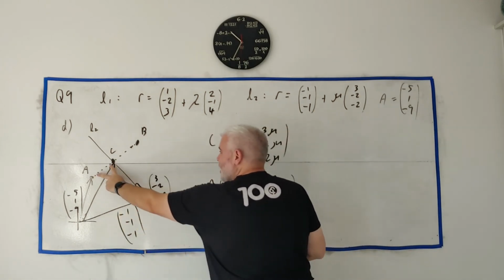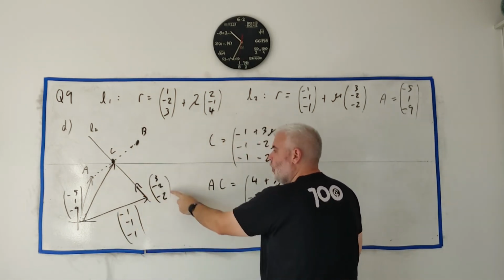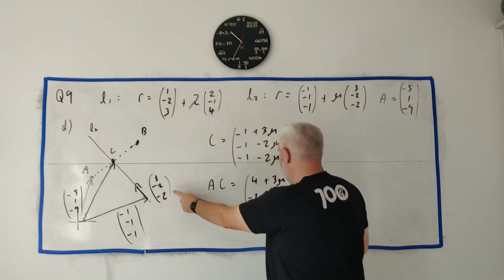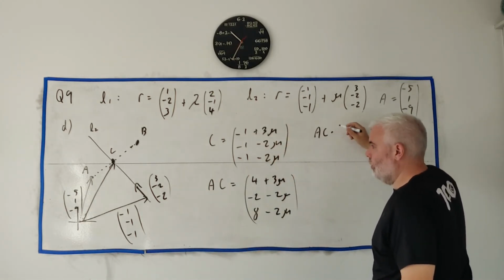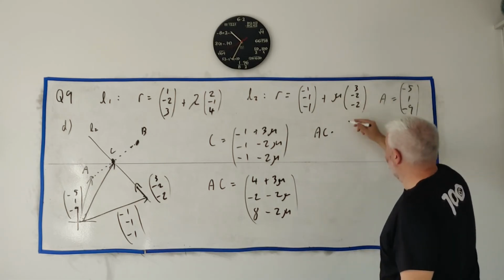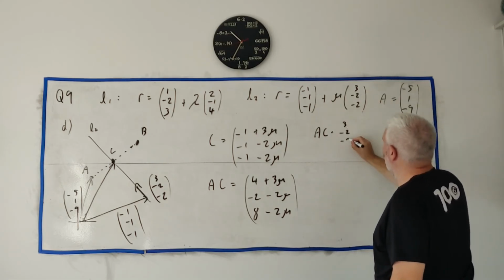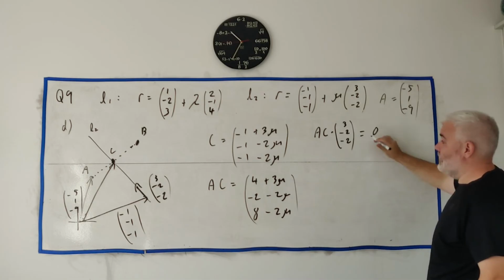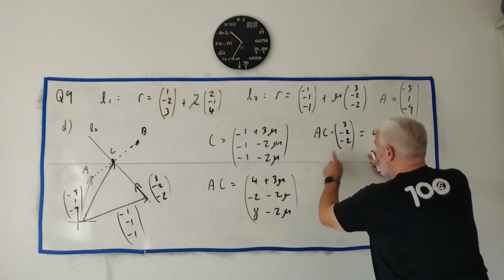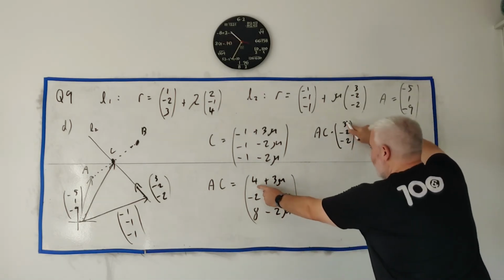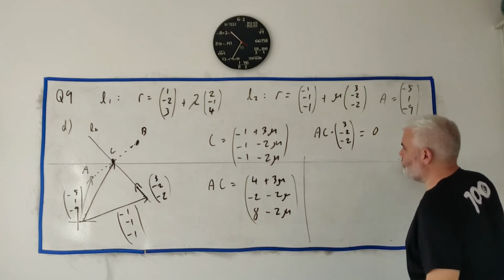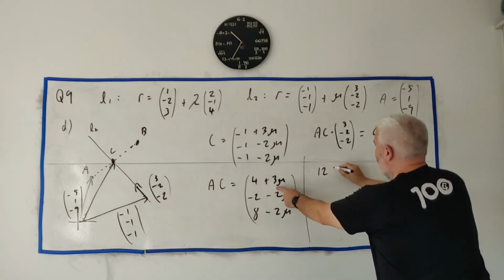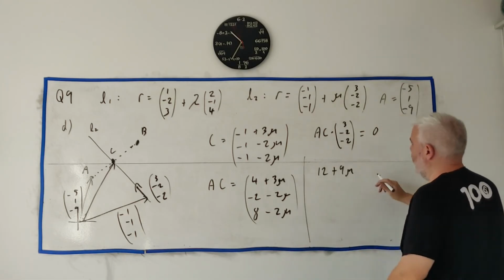Now what's interesting about AC is I know it's perpendicular to this direction vector. So AC dot this one, 3, -2, -2, equals 0. The dot product of these two: 3 multiplied by this is 12 plus 9 mu.